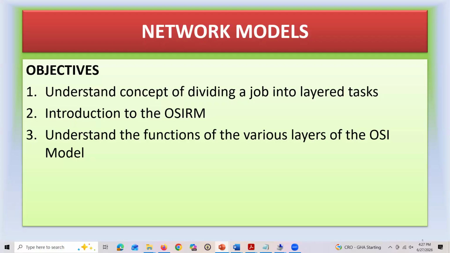And the network involves establishing or building up the infrastructure to allow the communication to take place. So you cannot talk about data communication in isolation, neither can you talk about networking in isolation. Both move together. So that's why we have to look at this concept and see how the job is done.